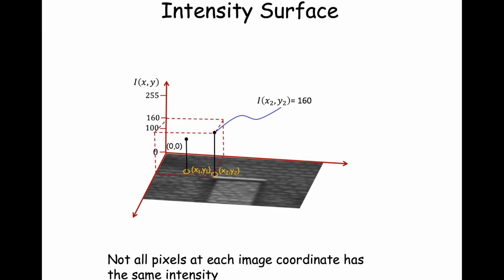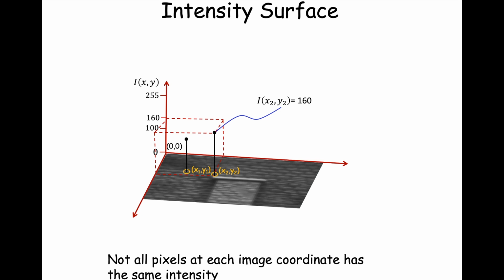And so we mark 160 on the intensity axis, and we can project this line segment from location x2, y2 up. You'll notice that at this second location, x2, y2, the height of that line segment, the intensity, is taller than the intensity at the first location, x1, y1.